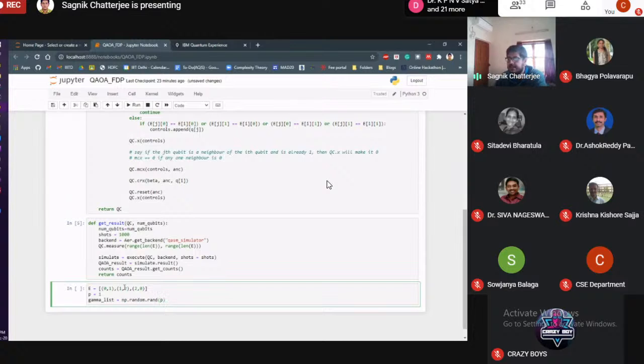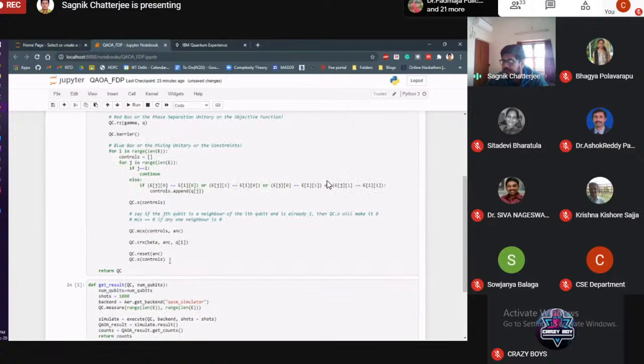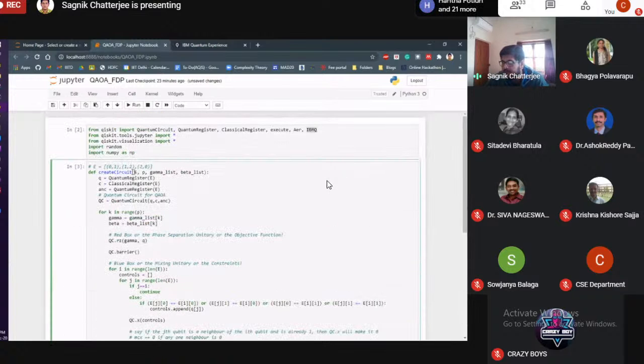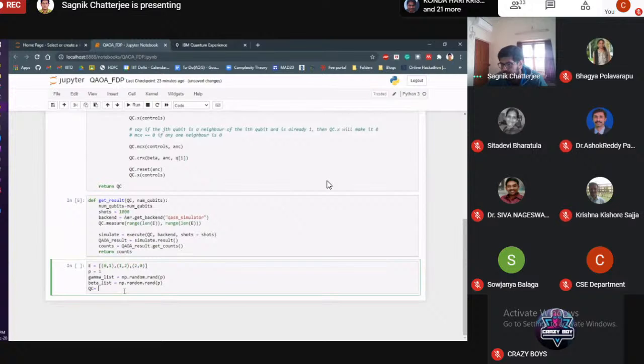So we have p random numbers over here. We have beta list equal to again the same thing, and we create a quantum circuit. So we'll check the definition again. What was the definition? We create a circuit with E, p, gamma list and beta list. So we'll copy this, and we have everything as required in the definition.